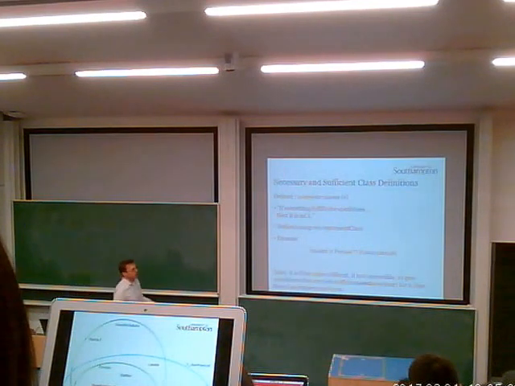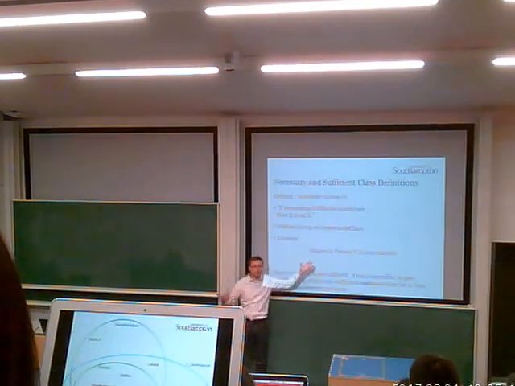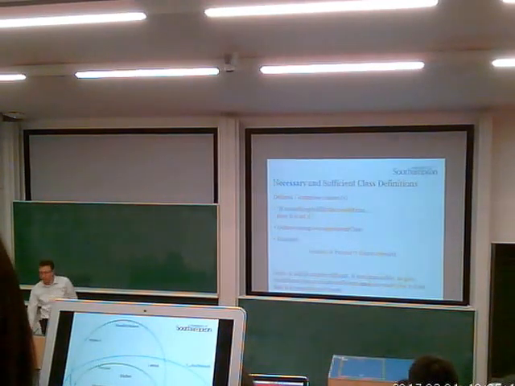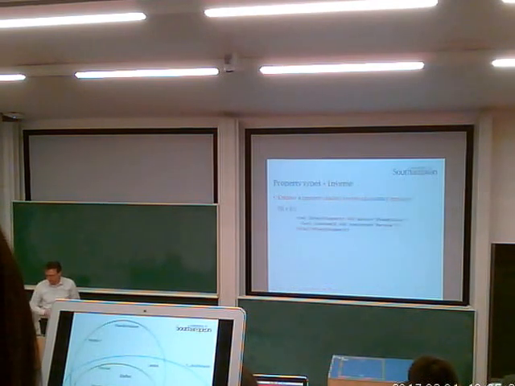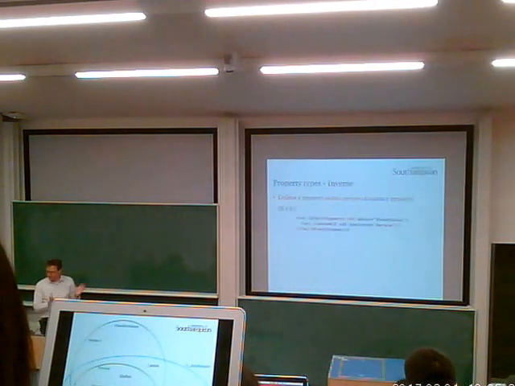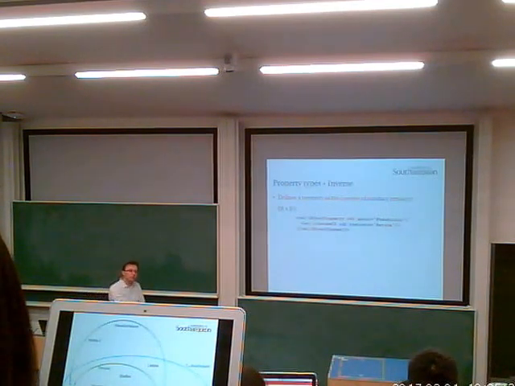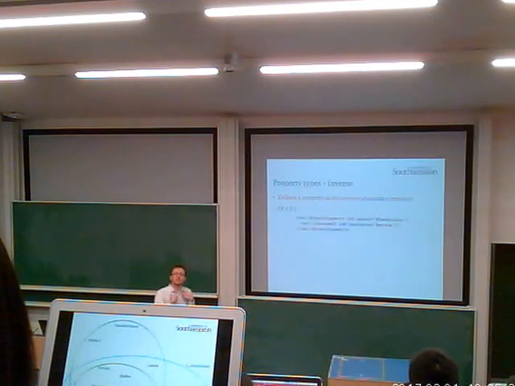Okay, now that's something we already have in description logic that we also have in OWL, obviously. Now we have a couple of more interesting constructs that we can use to define things. So I already mentioned last time, if I write a book, then this book has me as an author.